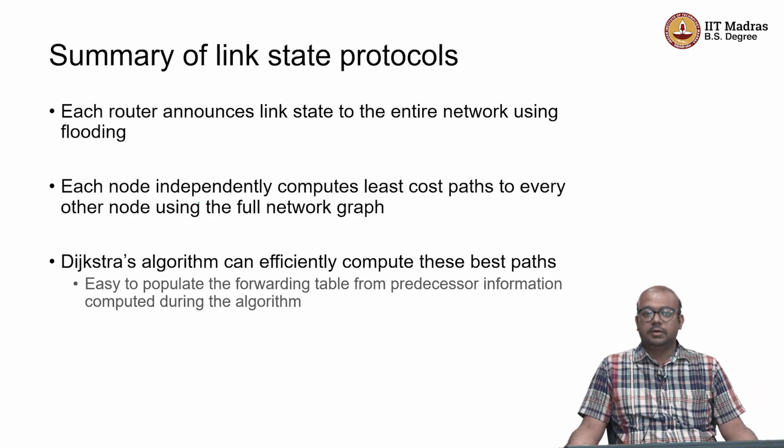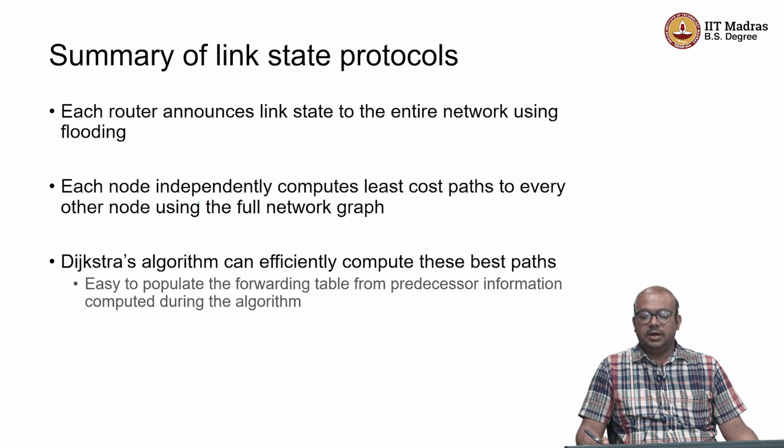Next we are going to look into the distance vector protocols. Link state protocols kind of had global information of the network graph in each router. The communication overhead is very high because the messages are flooded across the network, but it gives you the complete picture.